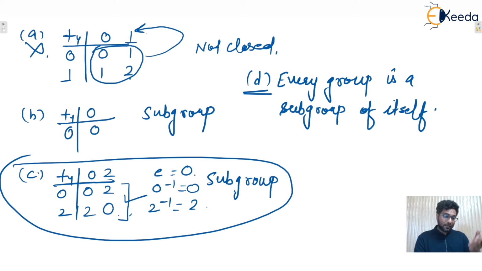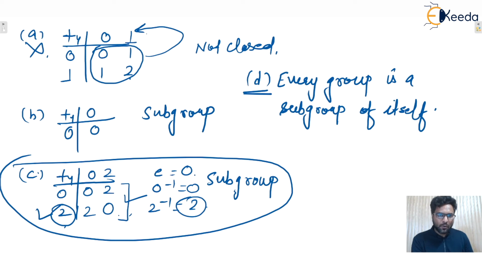And you can check in the given group also, the identity element is 0. Similarly, here the inverse of 2 is 2. And in the given group also, the inverse of 2 will be 2 only. That is the next property: the inverse of an element of a subgroup is the same as the inverse of that element when regarded in the group, isn't it?